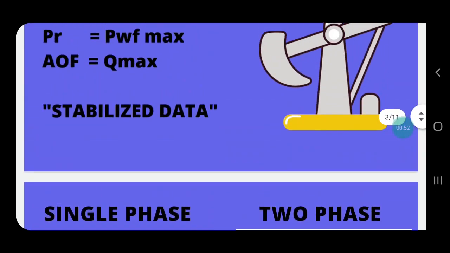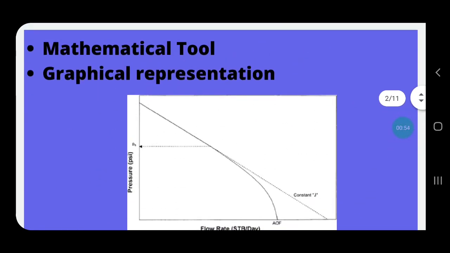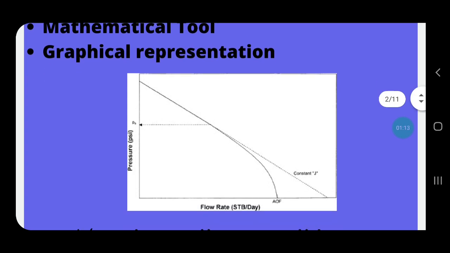So I think most of us know that IPR, or inflow performance relationship, is a mathematical tool which helps in prediction of well performance. And some people regard this as a graphical representation which defines a relationship between flowing bottom hole pressure and your flow rate.